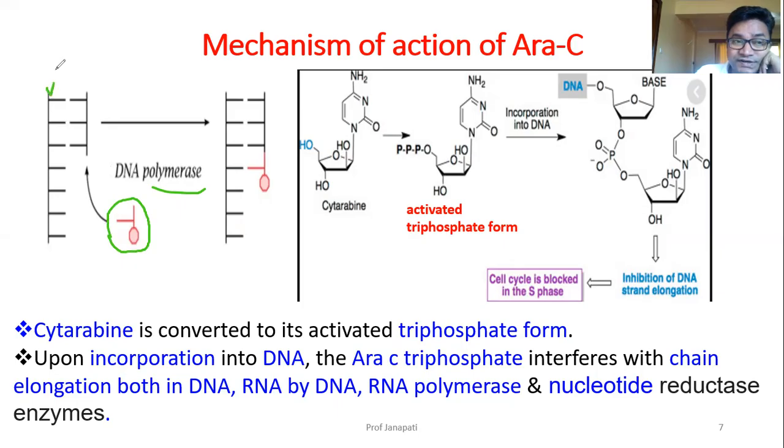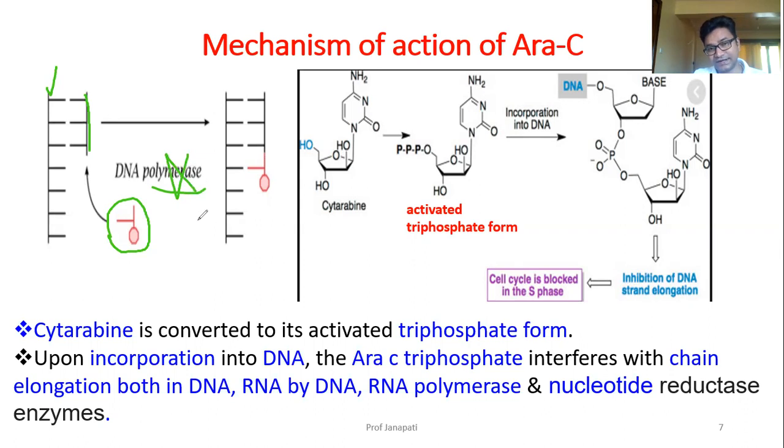Consider this is one strand acting as a template, and with the help of the template, you are getting a new strand here. The enzyme responsible for adding new nucleotides is DNA polymerase. Now, our drug blocks this.